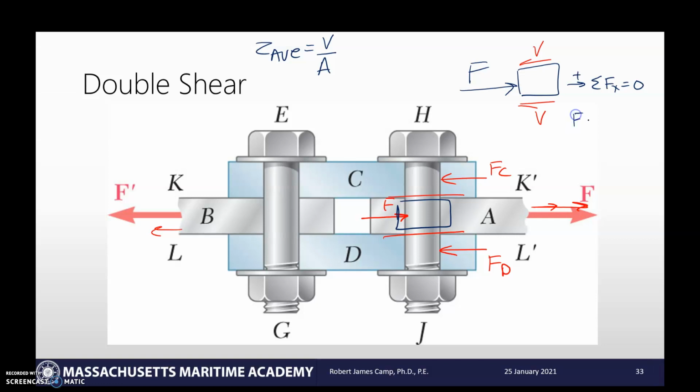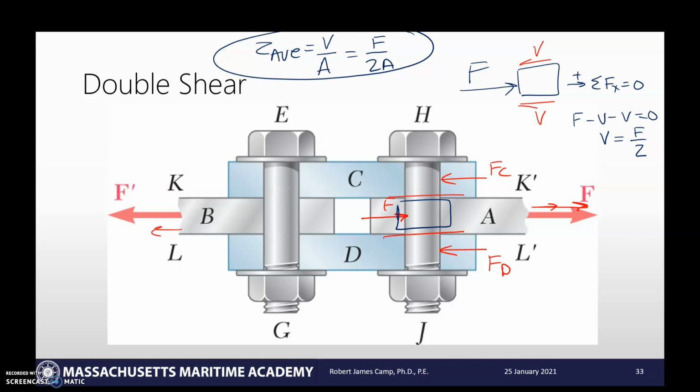So I have F minus 2V equals 0. If I solve this, V is going to be F divided by 2. So if I plug this in, that's going to be my external force divided by twice the area. So in a double shear situation, we'll be doing that external force divided by twice the area.